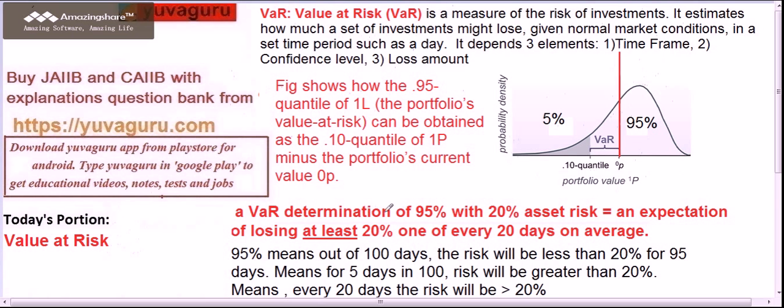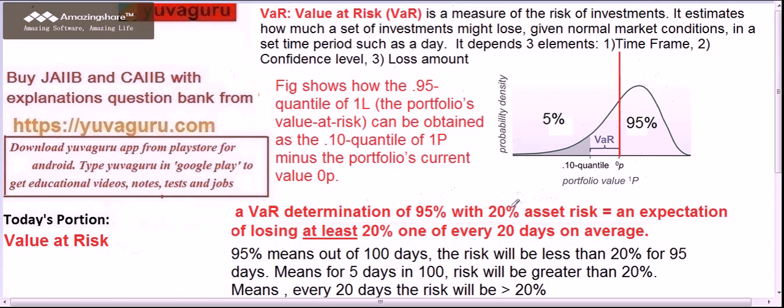Now let's see this with an example. VAR determination of 95% with 20% asset risk, what does it mean? 95% is the confidence level, 20% asset risk means my loss is not more than 20%. That is the meaning of that.